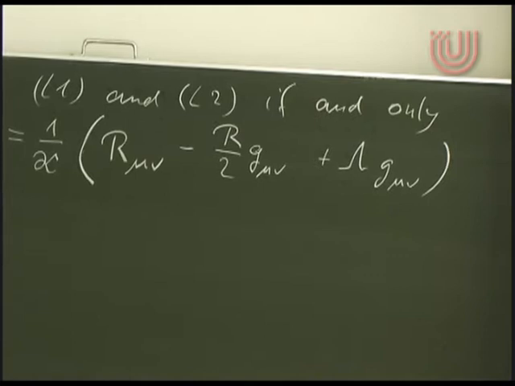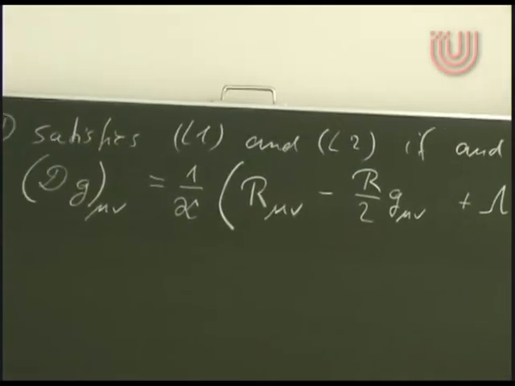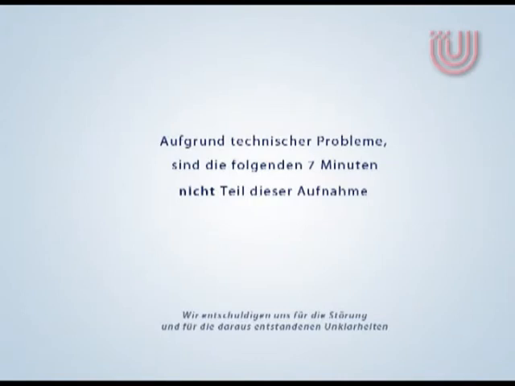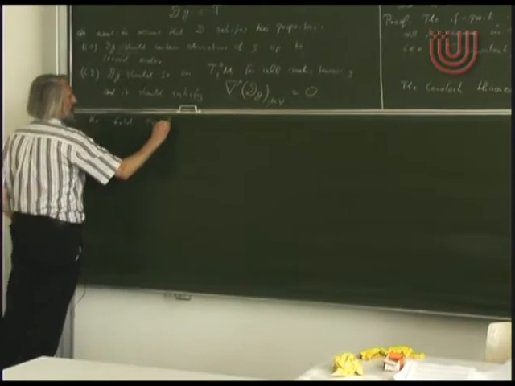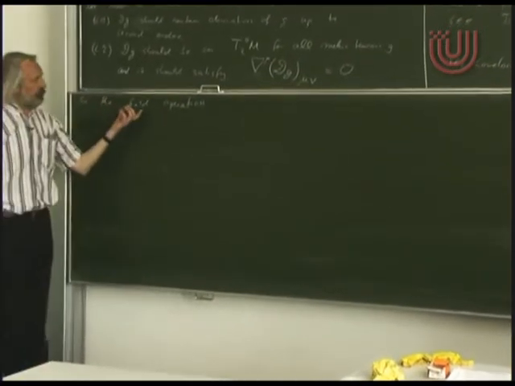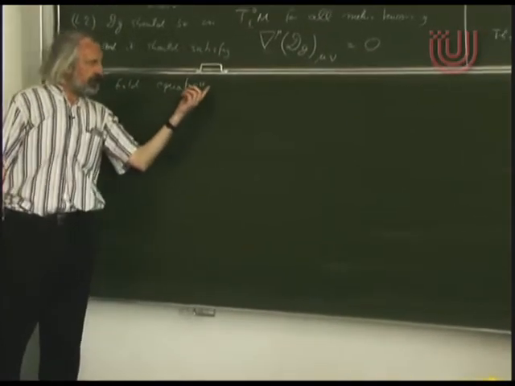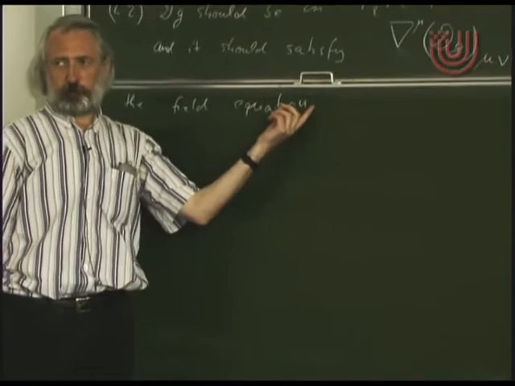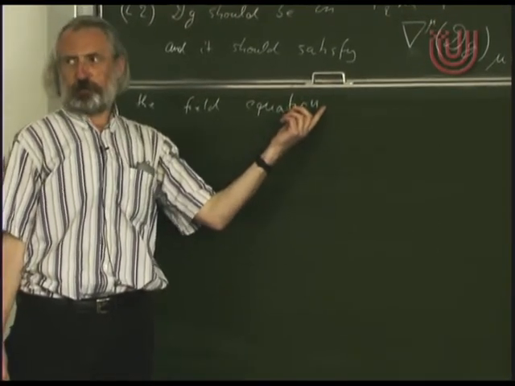By the way, you will fairly often read that people say the field equations with a plural, and some people say field equation, singular, when they talk about Einstein's field equation.